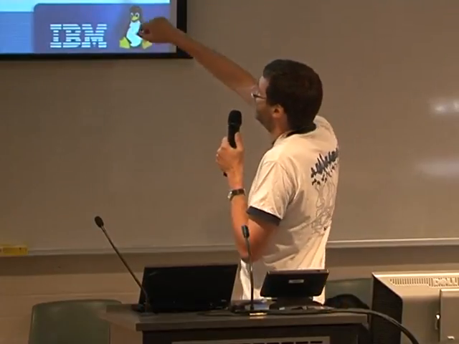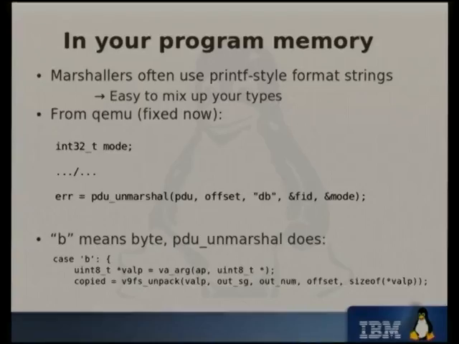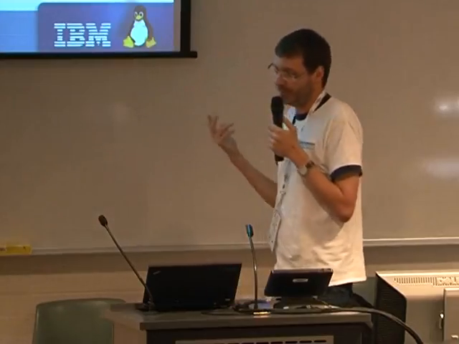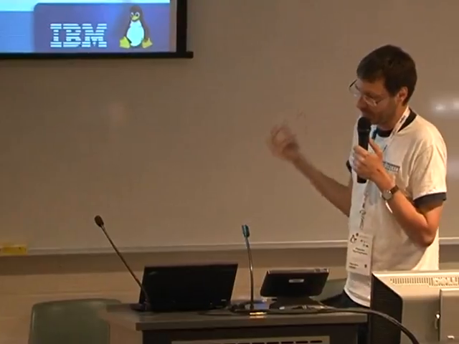It was passing here D and B as the format string, which mean respectively integer and byte. It was passing then 2 pointers, one to an actual integer, and one to an int32. Now the actual unmarshaller dereferences that as a byte pointer. And so we ended up with something that was going to properly write to the LSB on x86, or write to the MSB on PowerPC.